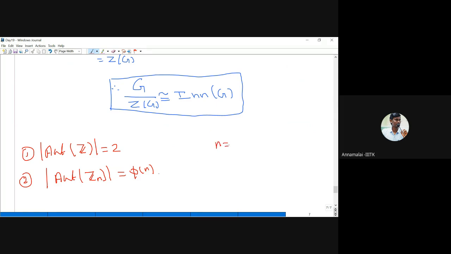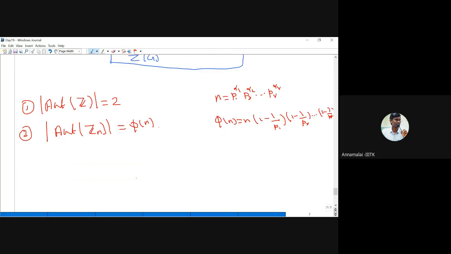First we have to write n as a product of prime powers, and then phi of n is nothing but n times (1 minus 1 by p1) times (1 minus 1 by p2), etc., times (1 minus 1 by pr). So this is the number of automorphisms.